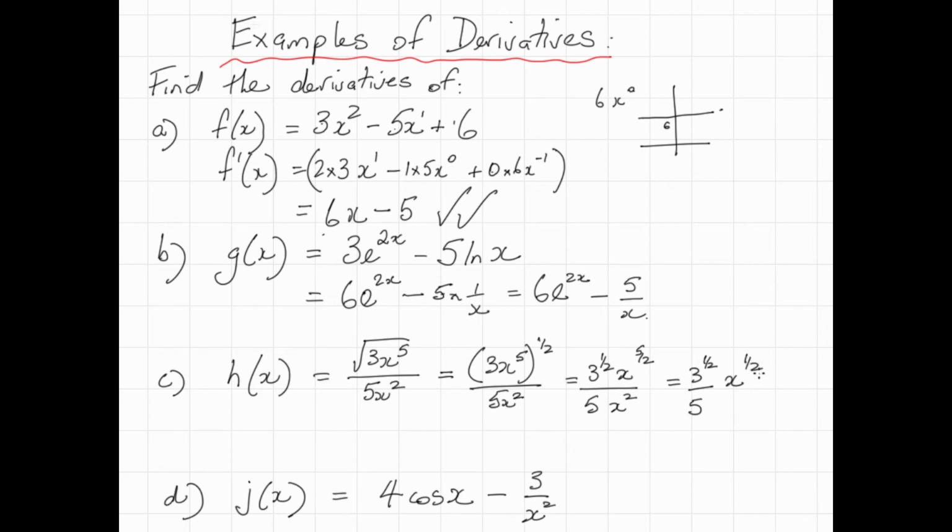Okay, so now we've got to find the derivative of that, so h dash of x. So you do the simplification first. You've got a single x in the term here now, and so it's the same. Here is my constant, so the half has got to come to the front. A half times 3 to the half over 5 times x, now we take 1 off the power. When we take 1 off a half, we get minus a half.